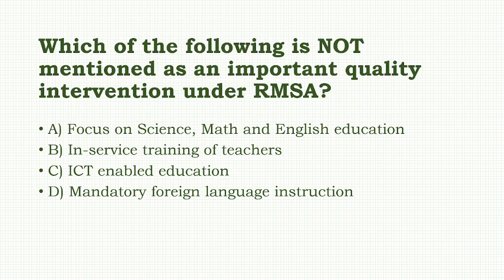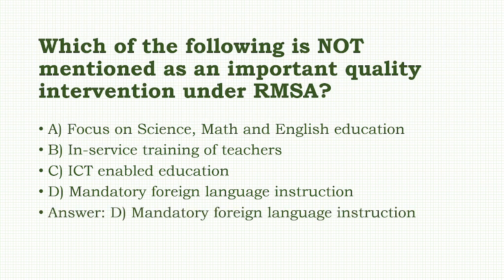Next, which of the following is not mentioned as an important quality intervention under RMSA? Option: focus on science, math and English education, in-service training of teachers, ICT enabled education, mandatory foreign language instruction. Answer of this question is option D, that is mandatory foreign language instruction.